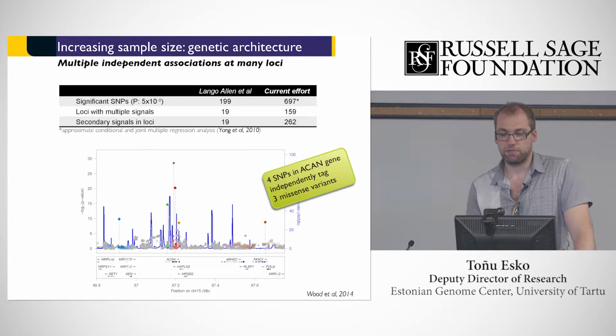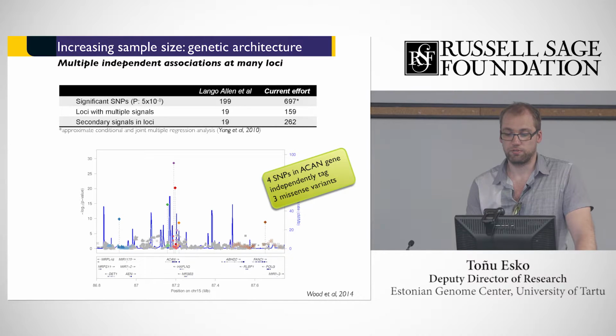And here, for example, all the different colored dots are the independent signals that we came up with. Within this Agricon gene, there are 4 different independent signals. So it's clearly causal, because several signals point to the same gene.